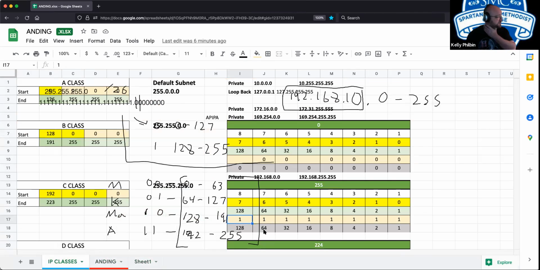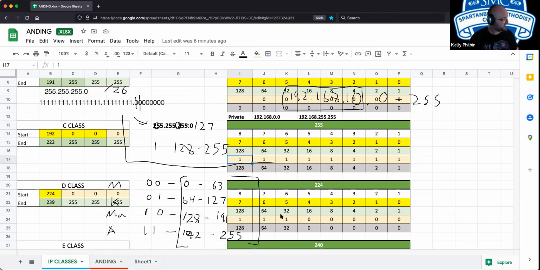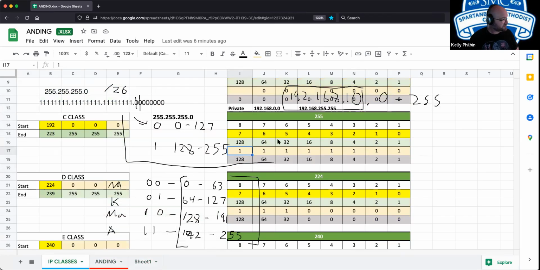Here we go. If I look at my ANDing, should I get it to where it's a little bit cleaner? So right here, if I wanted to do 15, which was the one I gave Glean, right?